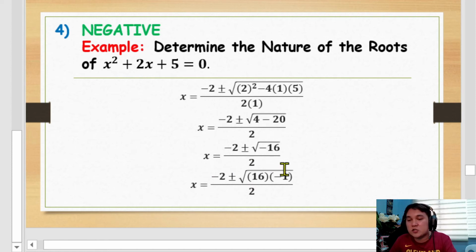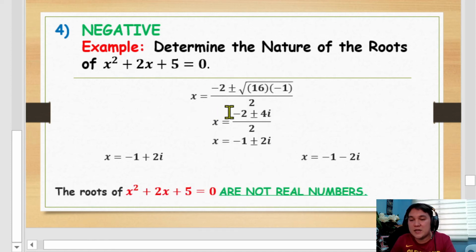Then we look for factors of negative 16. We have positive 16 times negative 1. So our new equation is x equal to negative 2 plus minus square root of 16 times negative 1 all over 2. This equation can still be simplified.